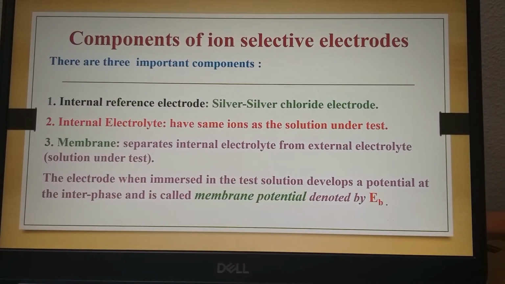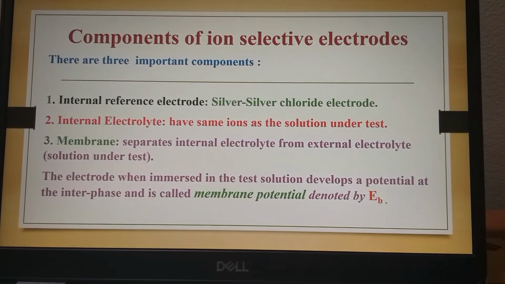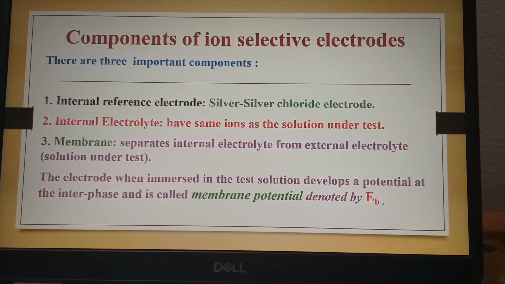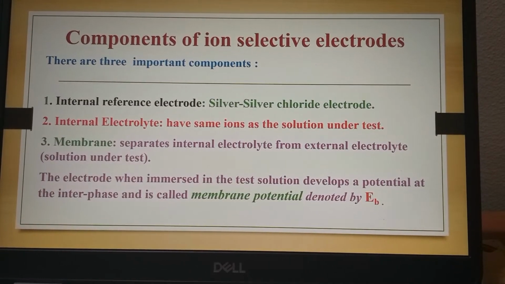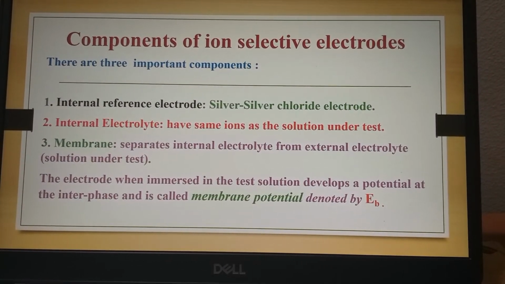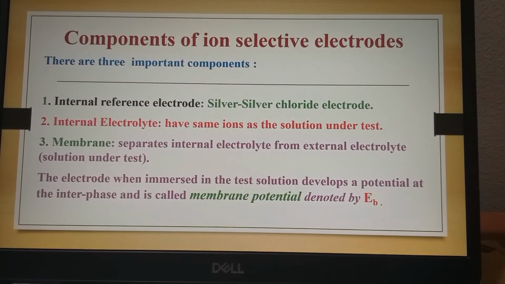Let us now see the components of ion selective or membrane electrodes. All ion selective electrodes have three important components. First is the internal reference electrode.